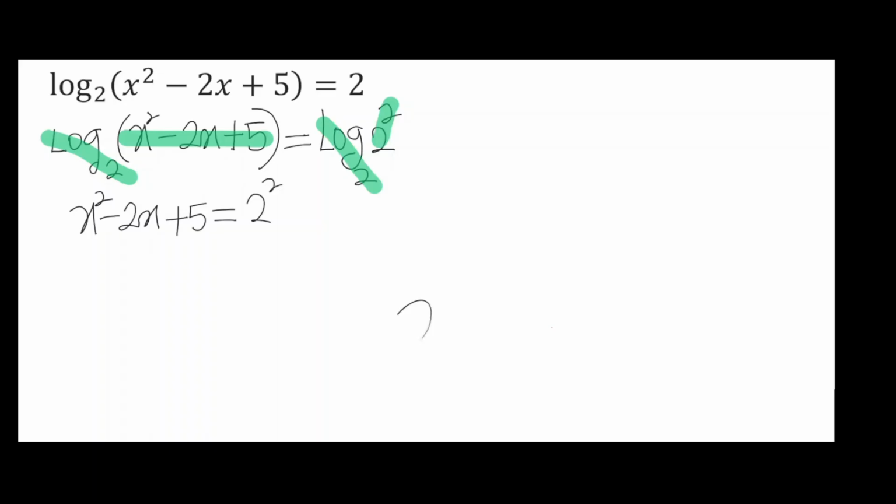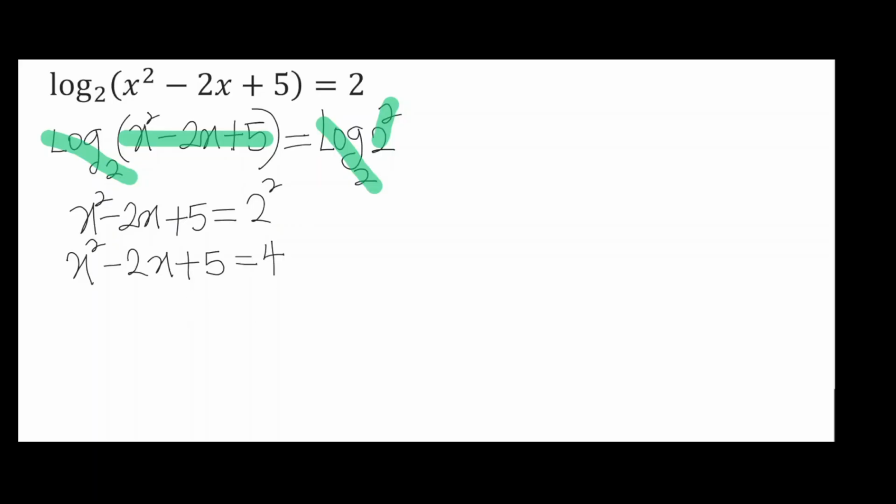And of course, we know that 2 to the power of 2 is 2 times 2, and that's 4. So instead of writing 2 to the power of 2, I'm going to write 4. So we have x squared minus 2x plus 5 equals 4. Of course, I'm going to make everything equal to 0, so I'm going to bring 4 to the left-hand side.